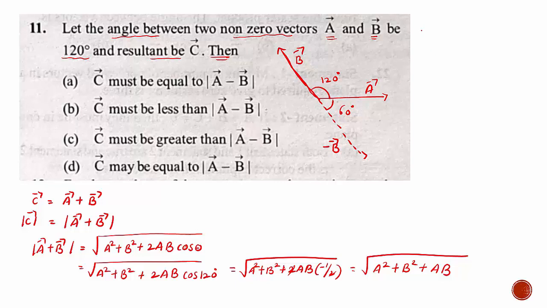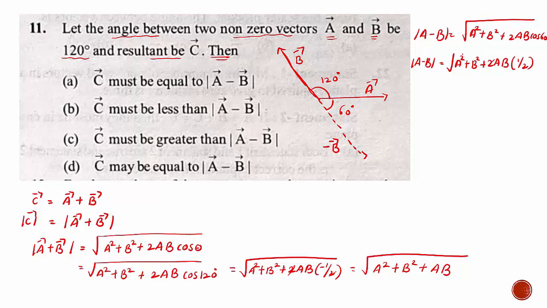Again the same procedure we can use here. Mod of A minus B is equal to square root of A square plus B square plus 2AB cos 60. What is cos 60? Cos 60 is equal to plus 1 by 2. So A square plus B square plus 2AB times 1 by 2.